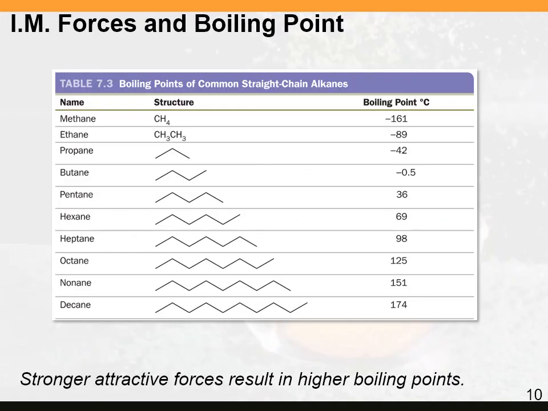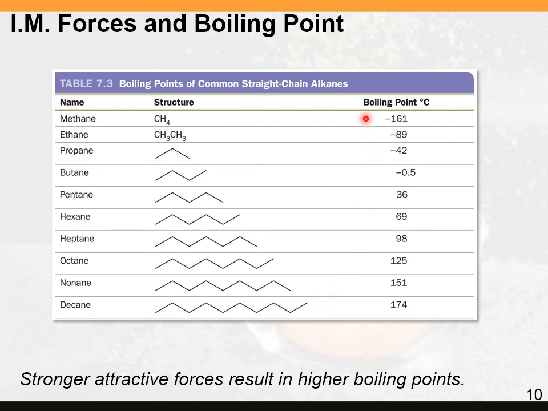Because intermolecular forces affect vapor pressure, they also affect boiling point. If you look at the list of organic compounds called alkanes with increasing number of carbon atoms, as a molecule gets bigger, the London forces observed will get stronger.